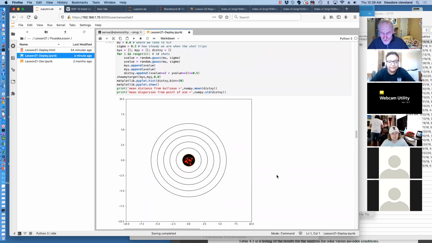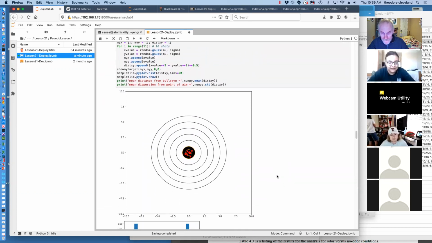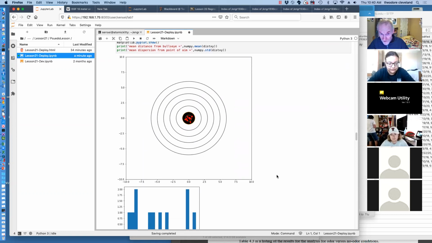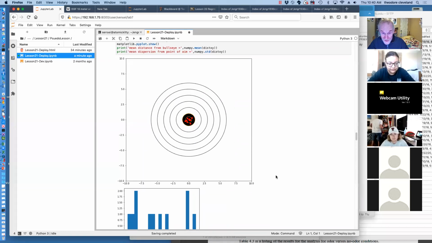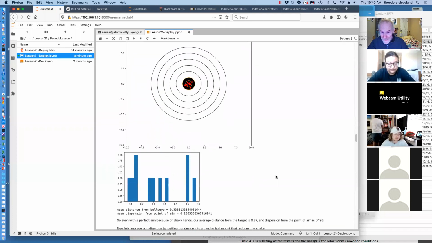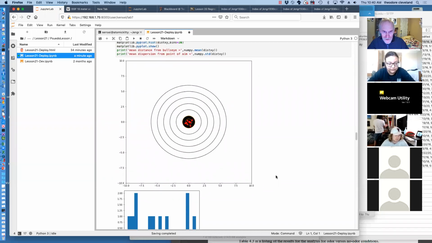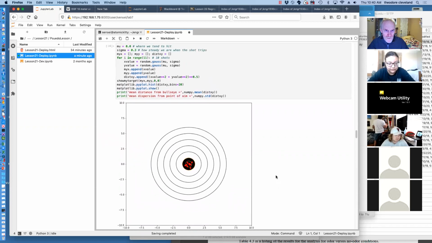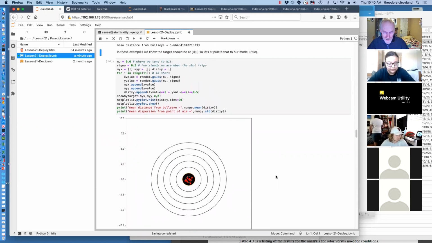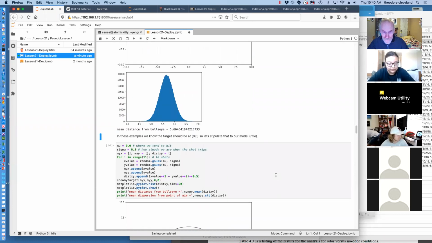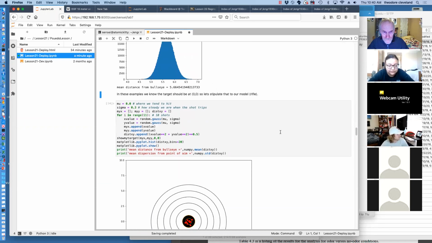But I assure you that in a competitive marksmanship, they won't allow you to shoot 1 million shots at a target because they don't have enough years to wait for you to get done. Up to 80 is a typical competitive match. So you get 80 tries to get that histogram as tight as possible.